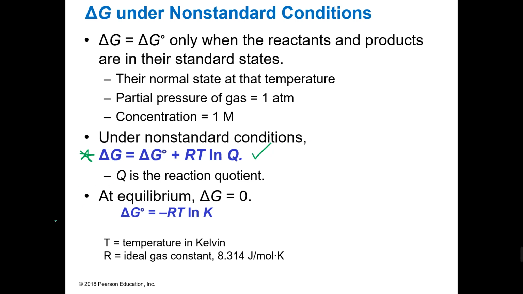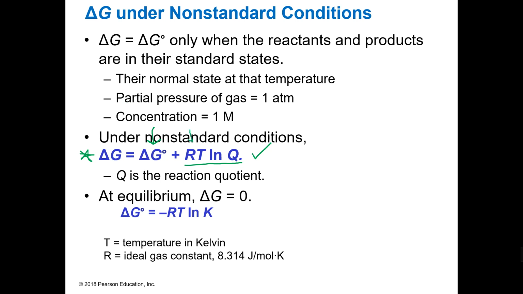This delta G naught would be what you would solve for during standard conditions. This right here accounts for the change of not being in standard conditions. Your book does go through the derivation of this equation. I don't ever require you to know those. If you'd like to go through it for your own fun, by all means, go through it. But this delta G naught is what we would solve for in standard conditions.